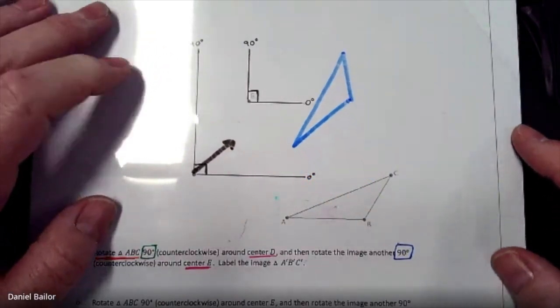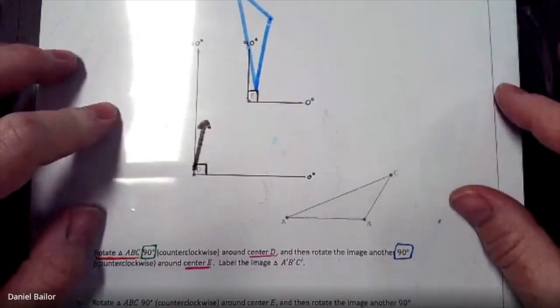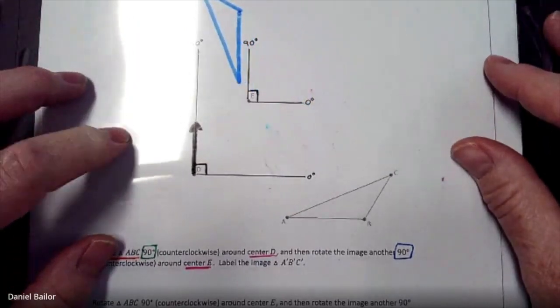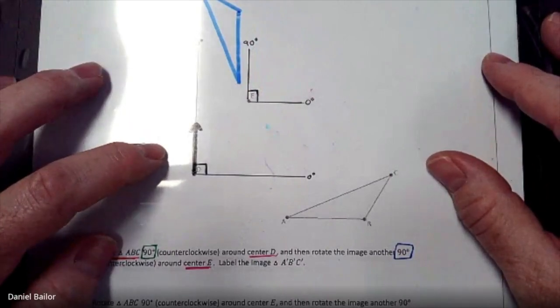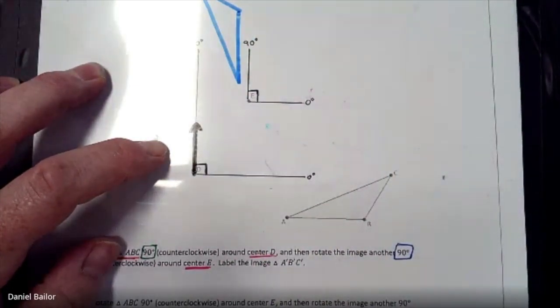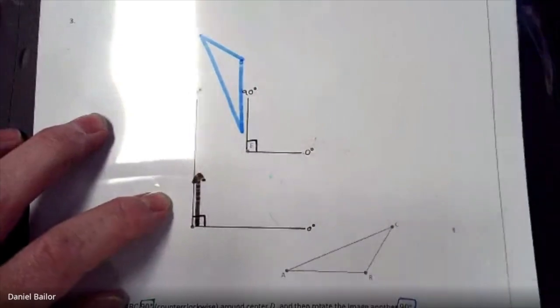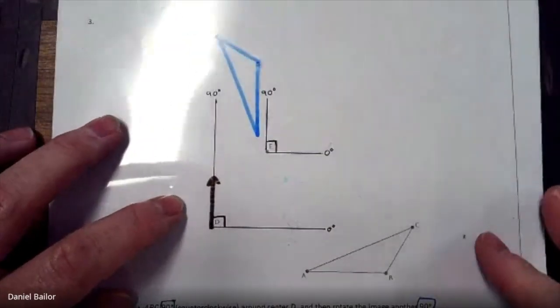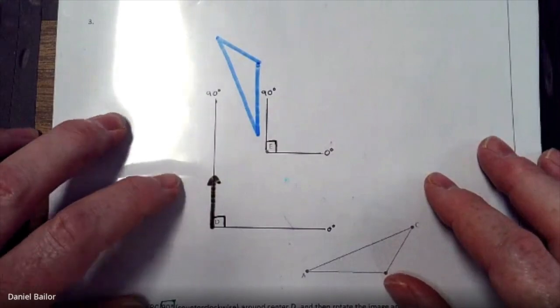So I stop when my arrow points to 90 degrees. So if you followed all the steps I asked you to do, the triangle goes, let me slide my paper down so you can see, triangle goes right there at 90 degrees. My arrow is pointing to 90 degrees, so I rotated 90 degrees.